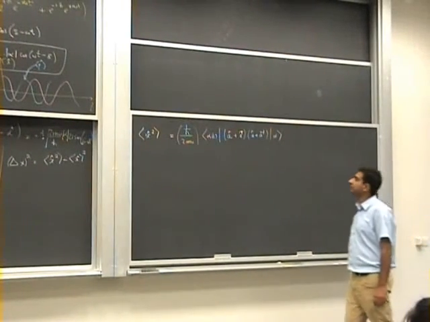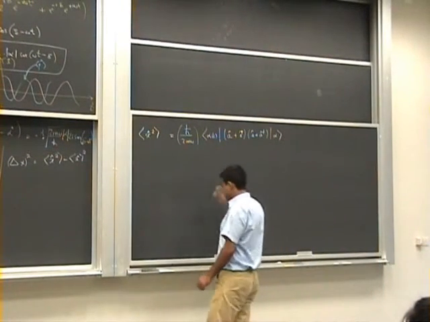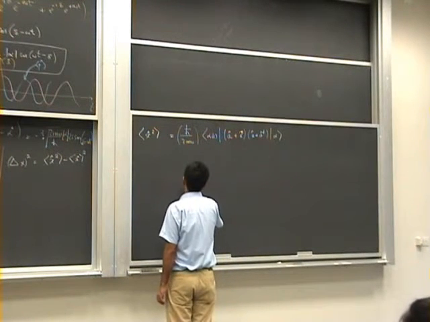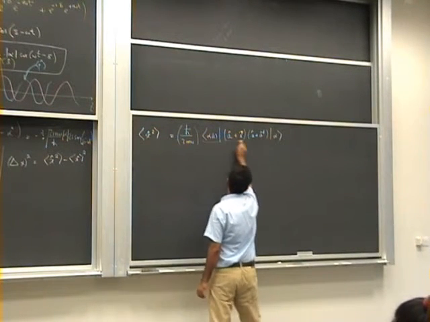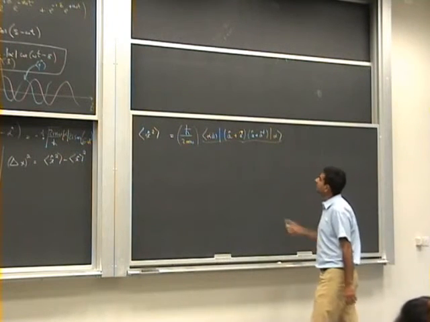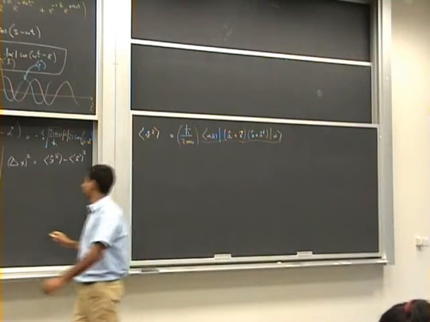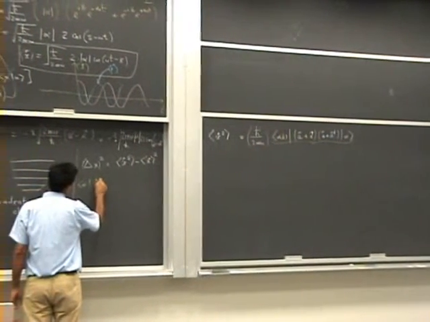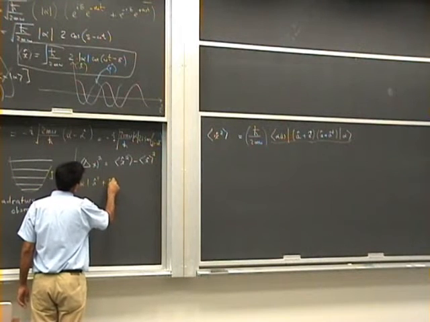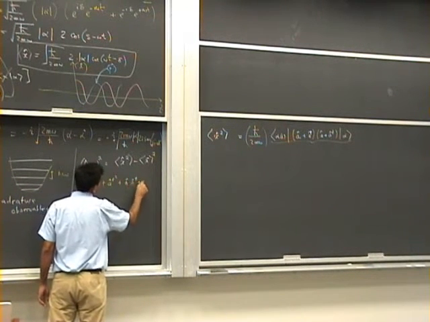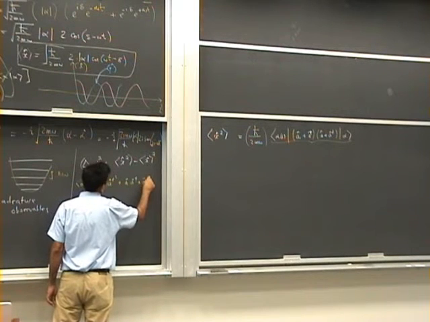Correct? So I just expand this out. So let me just focus on this one. Alpha, a squared plus a dagger squared plus a dagger a plus a a dagger.